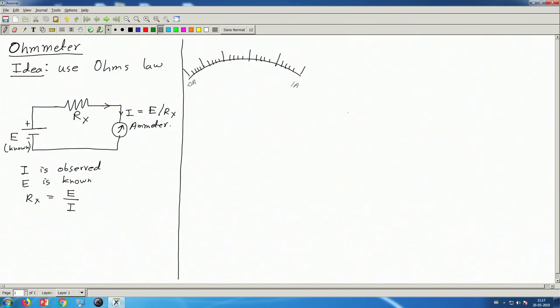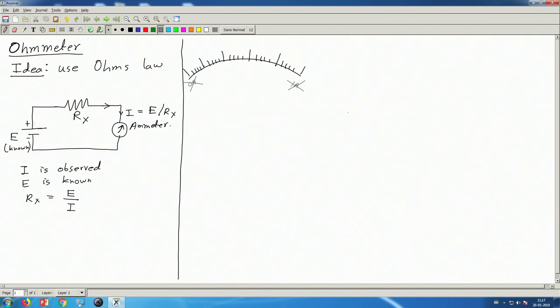Now, when we mark this scale in terms of the unknown resistance, because we want to measure resistance with this circuit, let me erase this and let me put the value of resistances. Now, when Rx is infinite, that means Rx is open.